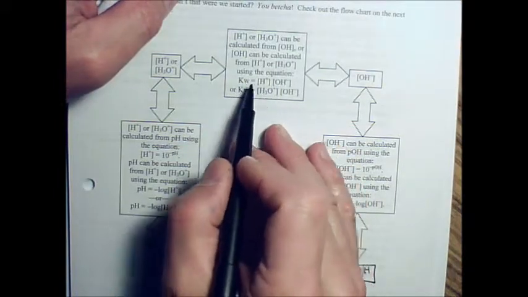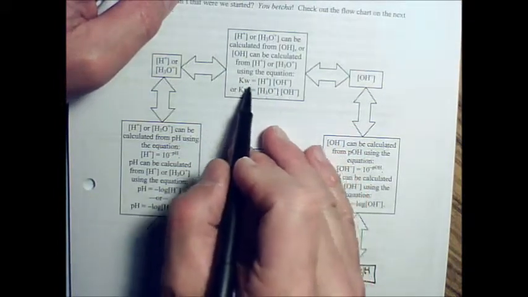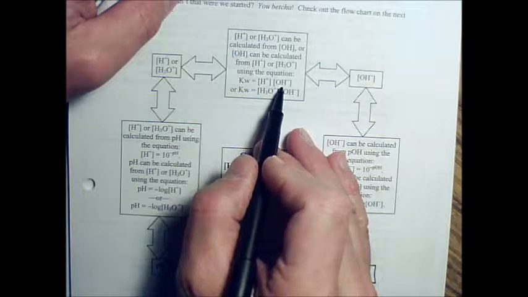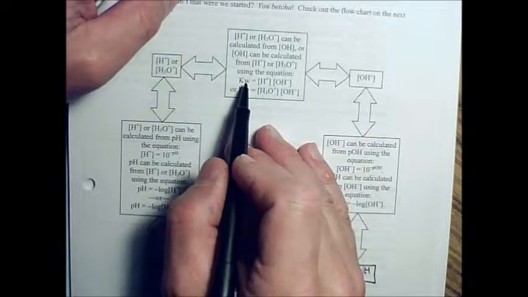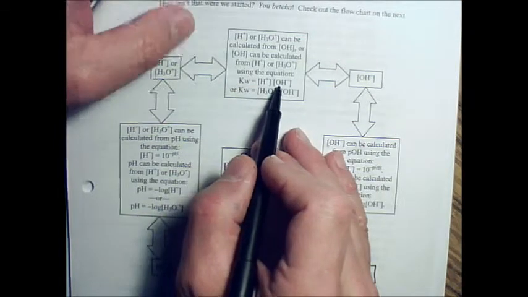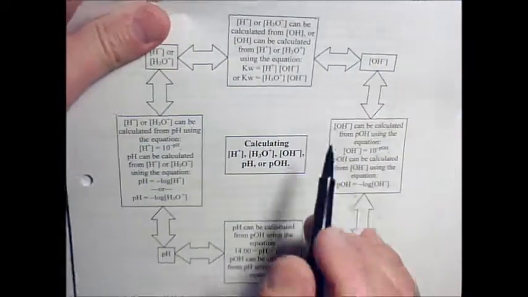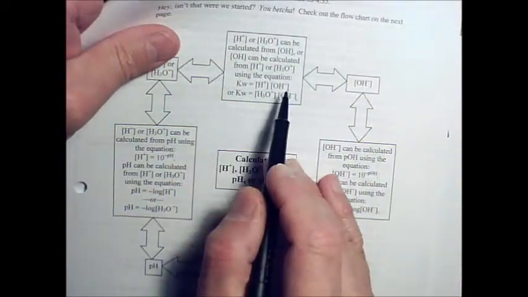All right. Notice this equation right here on page 26 of your handout. KW is the auto dissociation constant for water, the auto ionization constant for water.